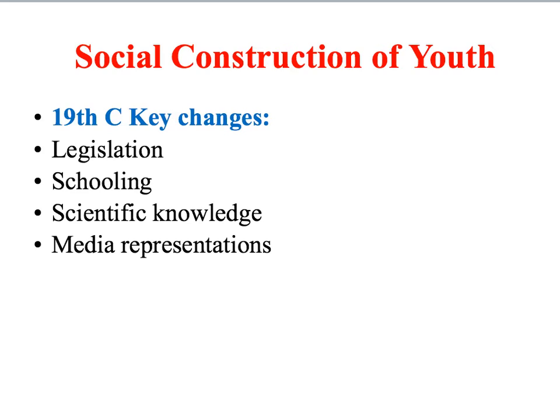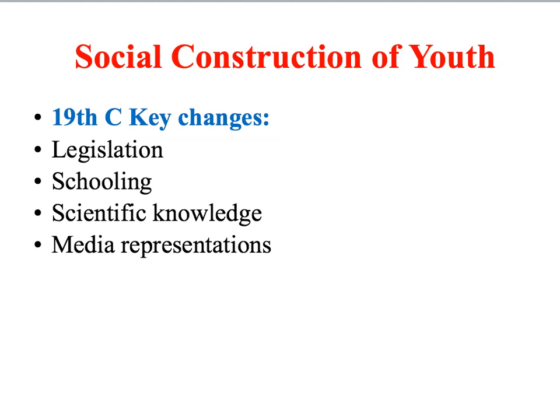So these changes that affected the status of young people included things like legislation. So what we mean here are laws that protected children and young people. For example, the prohibition on many forms of child labour, which created more opportunities for young people to engage in leisure, the extension of schooling for young people during the 19th century, the growth of scientific knowledge, so you begin to get psychological and medical perspectives on the particular problems that young people experience.